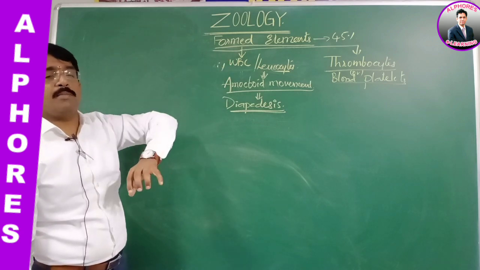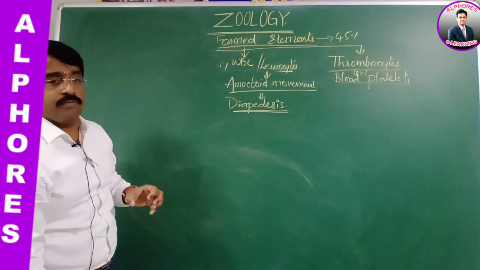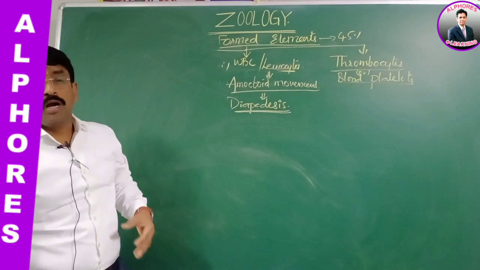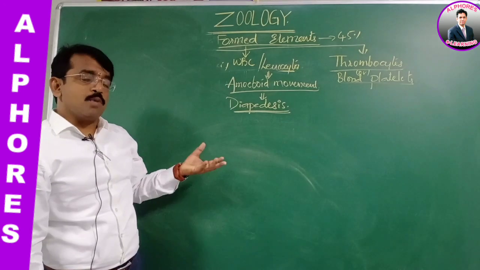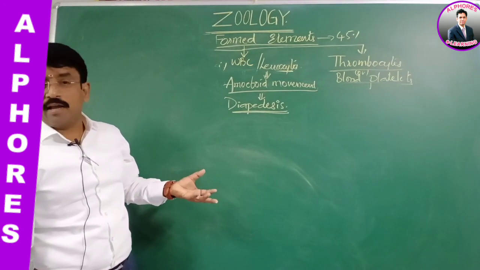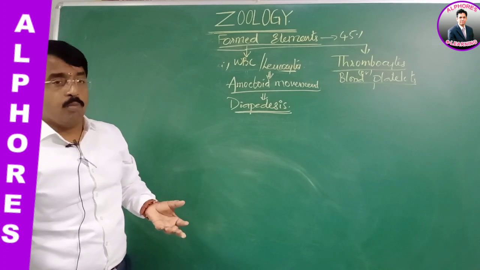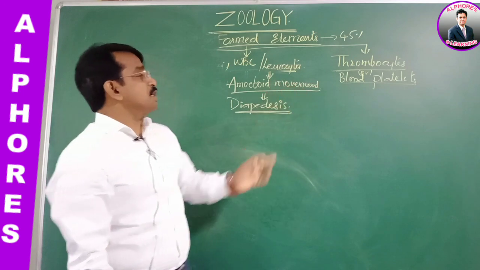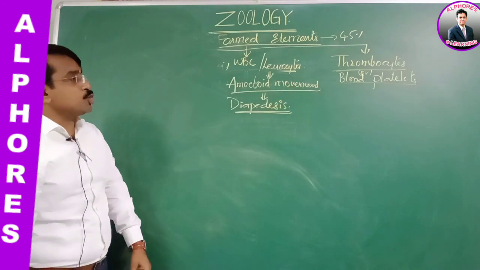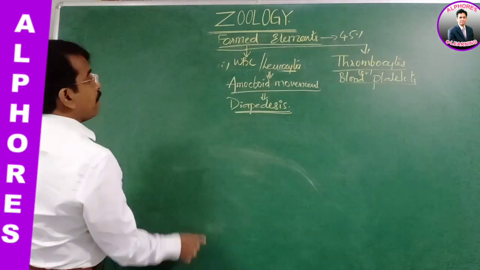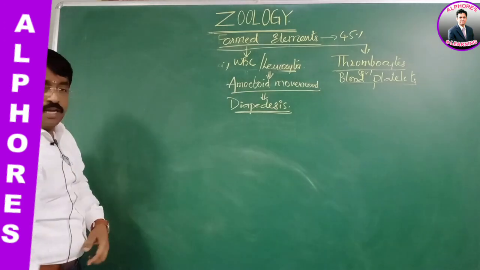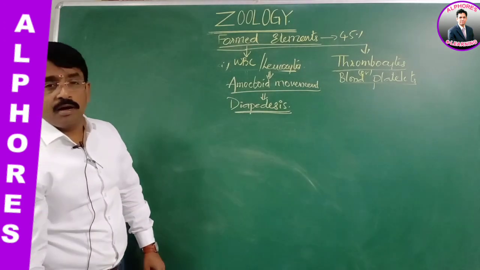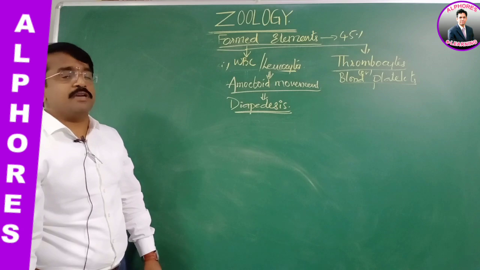The production of the WBCs is leukopoiesis. The hemopoietic organ is none other than the bone marrow in the adult stages. Next, basically the leukocytes can increase in number. We have seen erythrocythemia and erythrocytopenia.